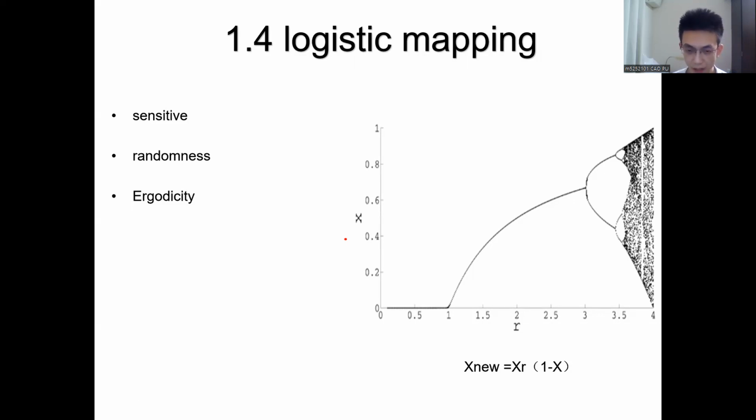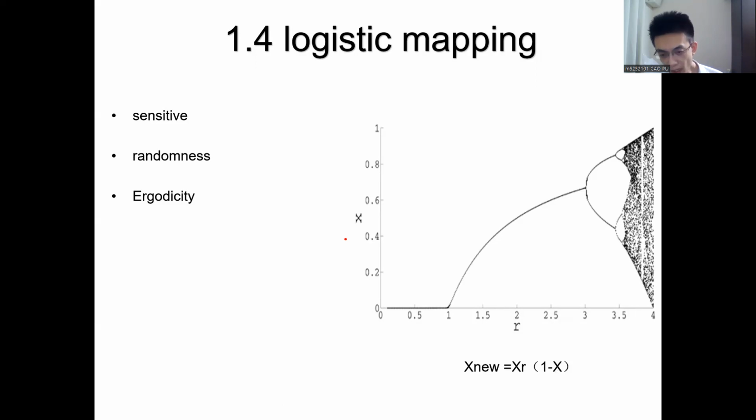Okay, so I will use an example to explain what ergodicity is. On the right side, this figure is for the logistic mapping. If we set R equal to 4, we call this state fully chaotic.